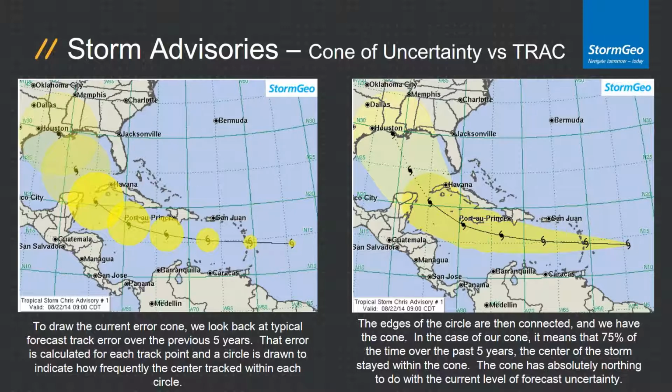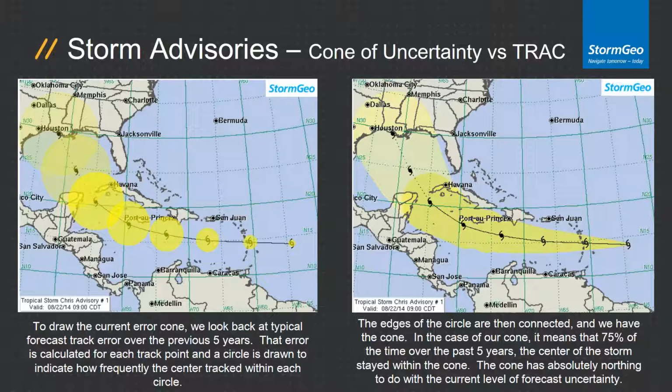That yellow area that you see represented there by the cone, which is the combination of each of those error tracks, is looking back at what the historical error has been over the last 5 years. And so when it's called a cone of uncertainty, it is true to say that it represents the uncertainty of the path of the storm and what you should be thinking about as an organization that's making your decisions around your hurricane mitigation, your hurricane response, but understand that that uncertainty is past historical error.